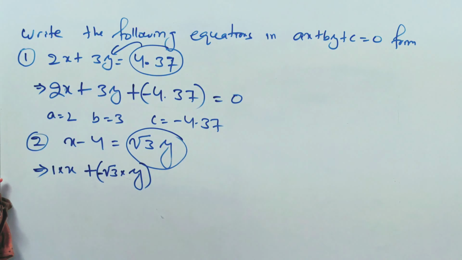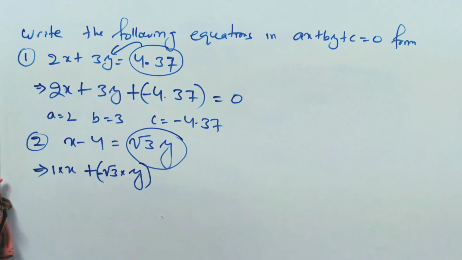Let us see. Again, I will bring that: x minus 5 will be x plus 5 is equal to 0. Where x is there, can I write 1 into x? Plus, the y term is not there. If the y term is not there, let us write 0 into y. Any problem? 0 into y means 0.